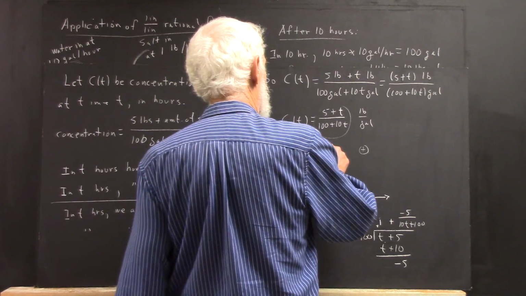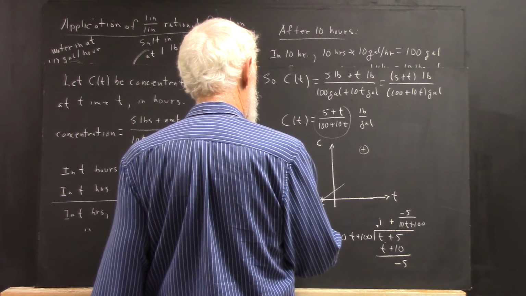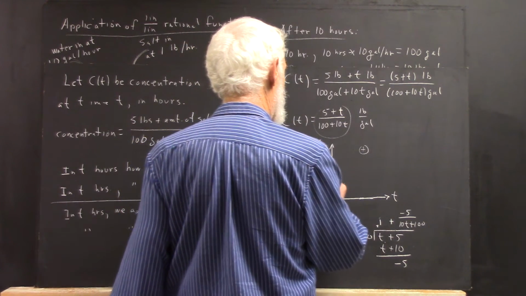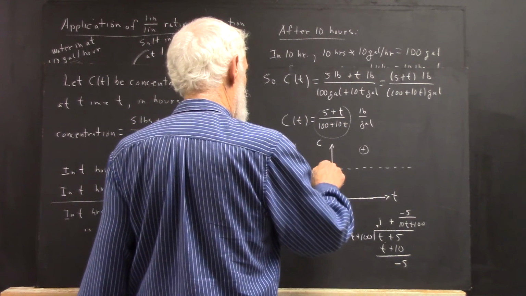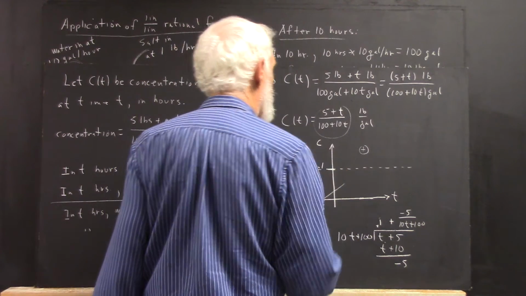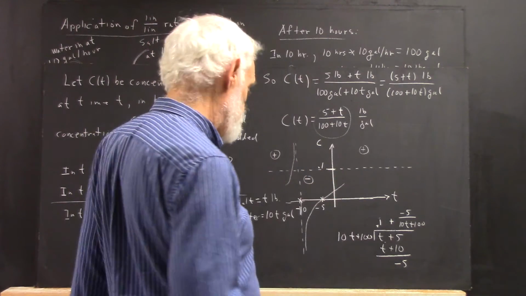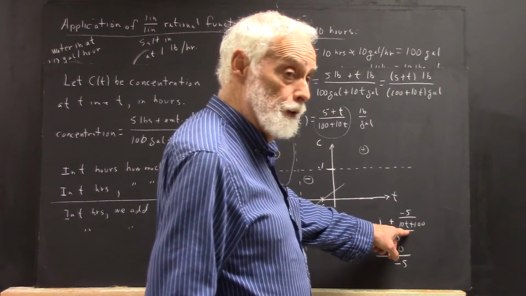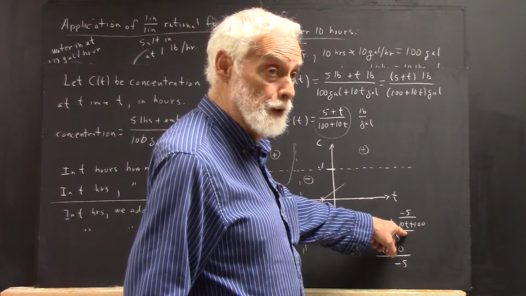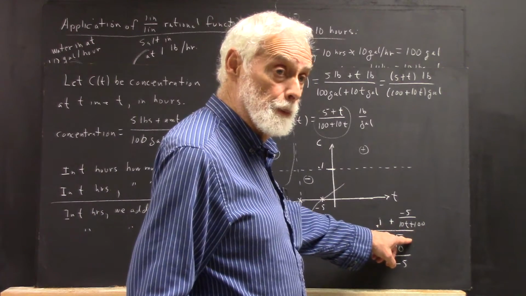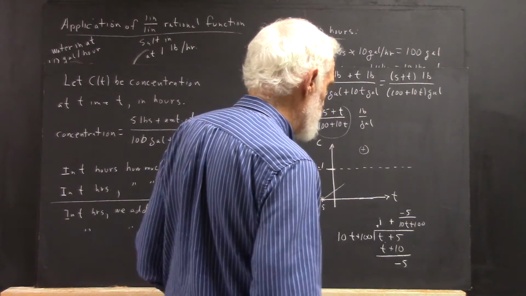So here's our concentration, here's our time, and let's just say that this line here is a concentration of 0.1. Okay, if we think about the graph here, this is a rational function with a 0 at t equals -10, because the denominator is going to equal 0 when t is -10. And we're going to have to translate it a bit.